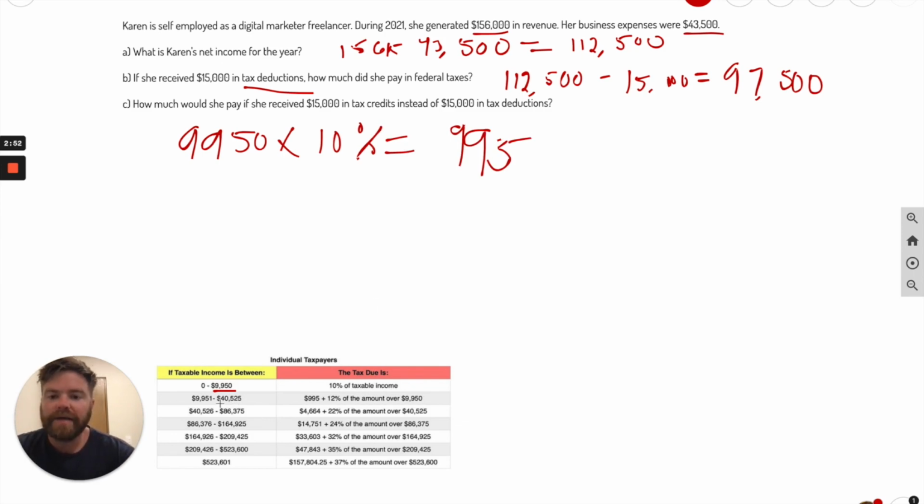The next bracket here, we have to just subtract the top number and the bottom number to get the amount that's going to be taxable. So we just take 40,525 minus 9,951, and we get 30,574.